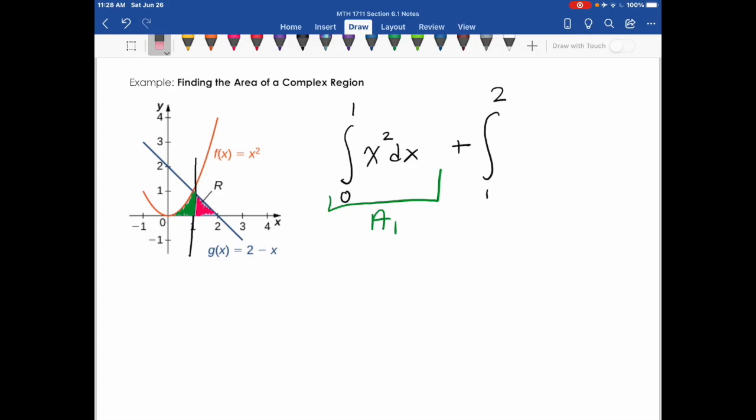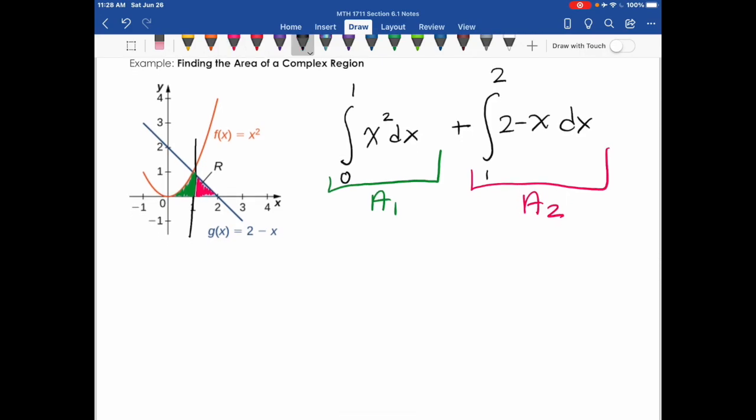If we were doing that, then I would be looking for this orange area between the two curves. What I'm really doing is looking for the area under the curve bounded by the x-axis of that function 2 minus x. So I'm just going to write it as the integral from 1 to 2 of 2 minus x dx. That will give me the pink area.